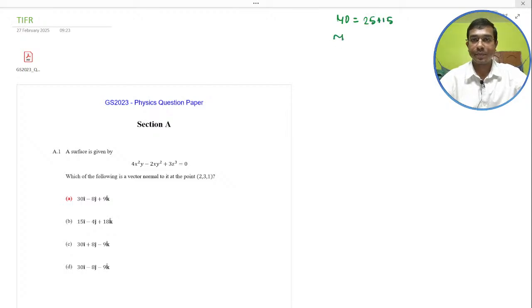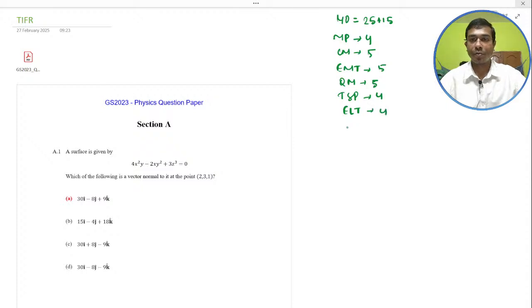And the topic-wise distribution: mathematical physics 4 questions, classical mechanics 5, EMT 5, quantum mechanics 5, thermodynamics and statistical physics 4, electronics 4, condensed matter physics 1, wave optics and oscillations 5, nuclear and particle physics 3, and general physics 4. Okay, this is the strategy.